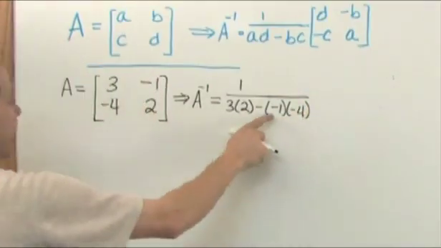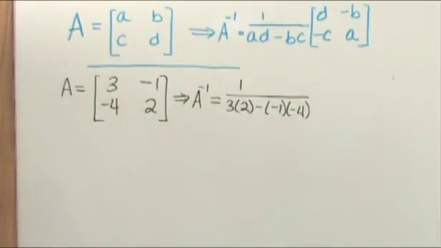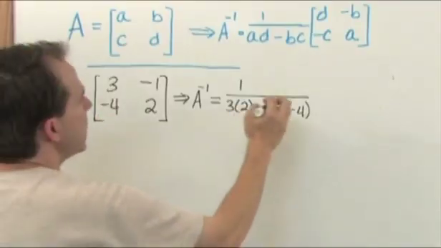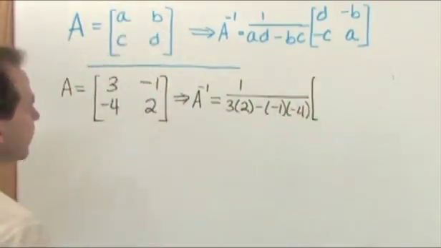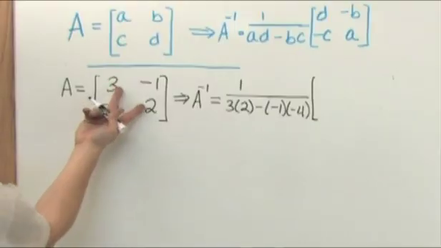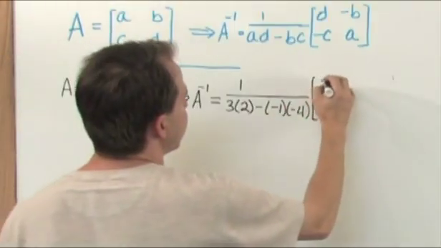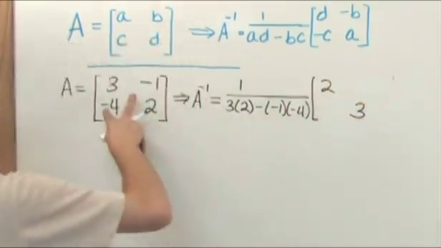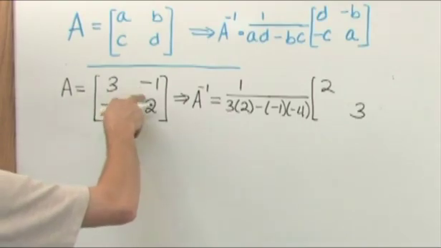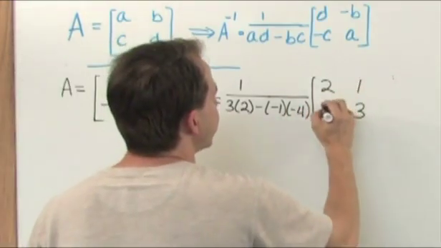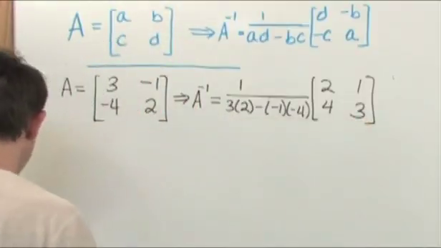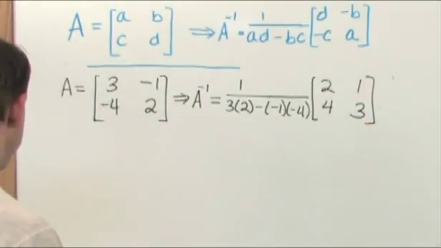I kept all my signs explicit so I didn't screw any signs up. You're going to multiply that by a matrix. You flip these two things around, D and A, so I'm going to have 2 and 3, and you just put negative signs in front of these two here. So this is going to be a 1 and a 4. So 2, 1, 4, 3, and you're going to have that on the bottom.